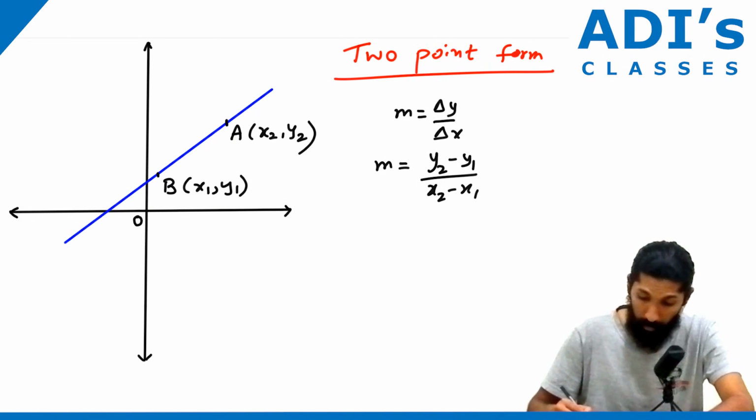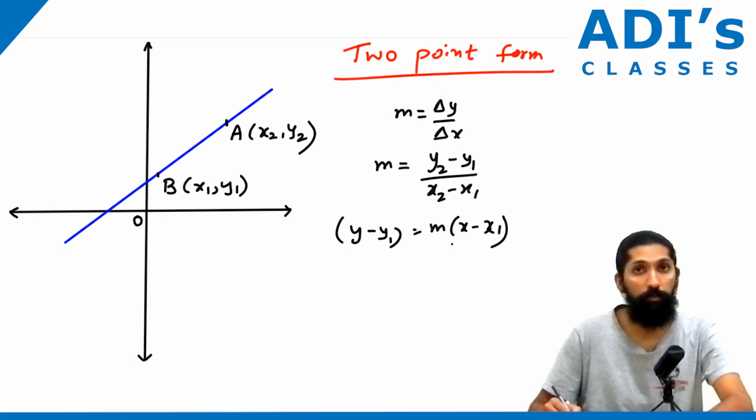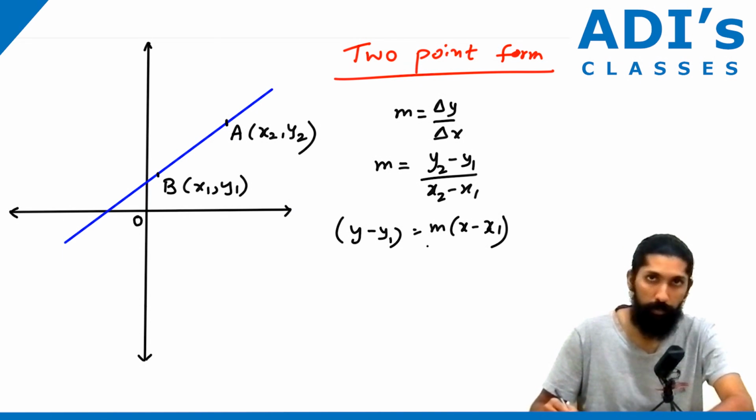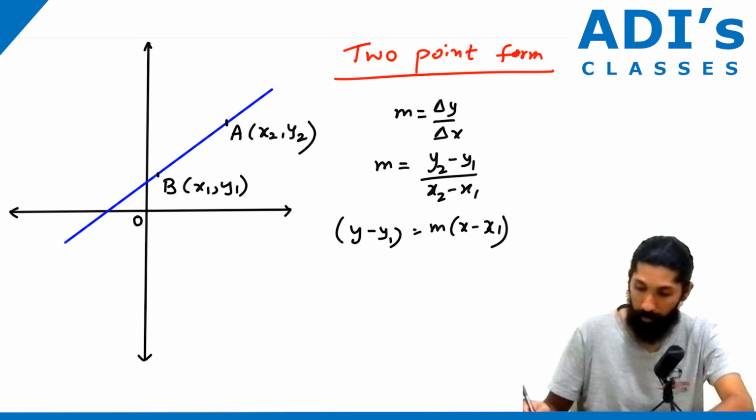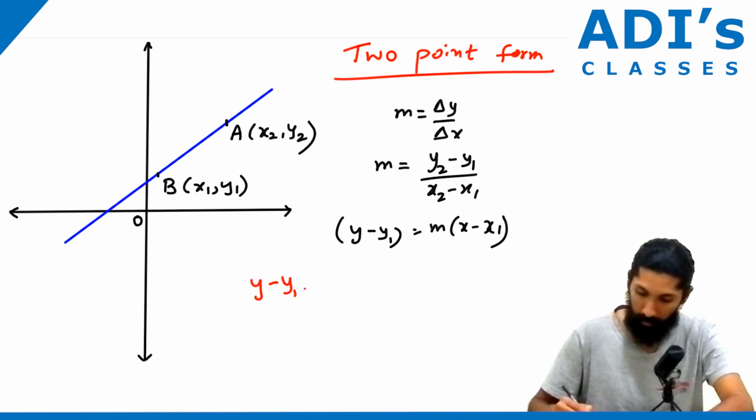Slope point form is what? y minus y1 is equal to m into x minus x1. Just replace the value of m. So what you're going to get is y minus y1 is equal to y2 minus y1 by x2 minus x1 into x minus x1.